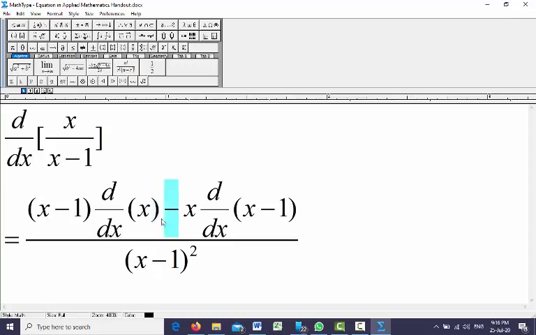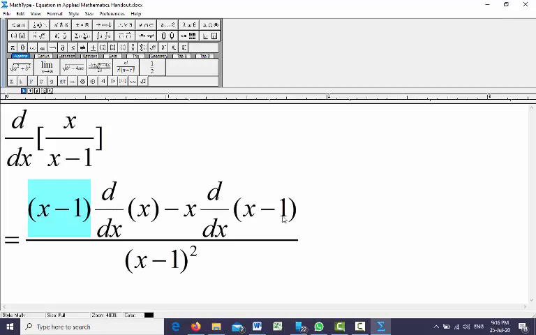And now whatever you have in front of d by dx, you should write that one first. That means that should move behind d by dx, and whatever you have behind d by dx should come in front of d by dx.